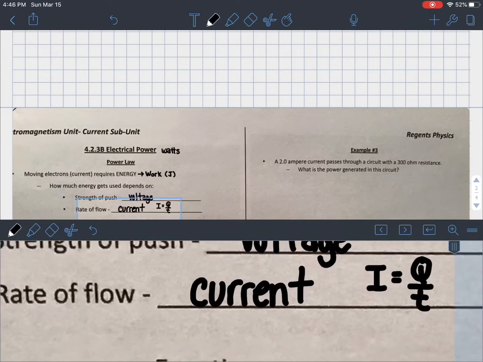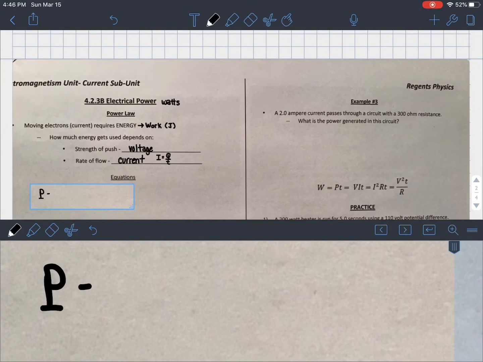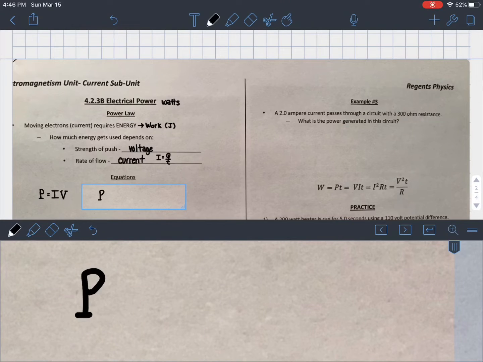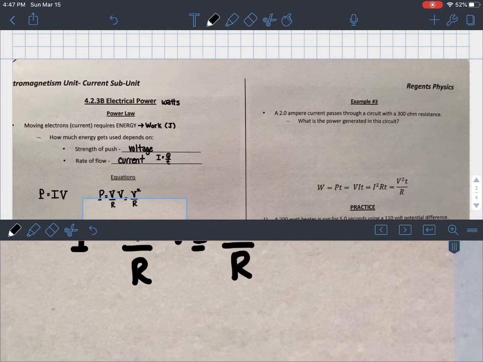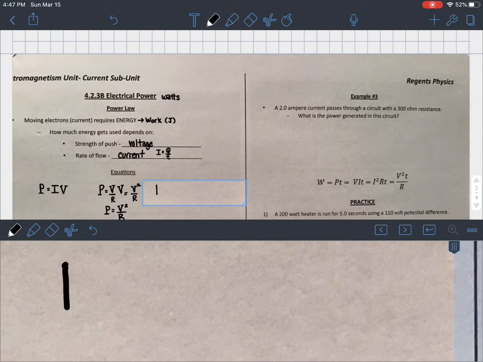The rate of flow here, I'm just reminding you that current is a rate, I equals charge per time. Here I'm going to replace each of my current or voltage variables so that if we have some other variables, we can still solve for power really easily. And I'm going to do that by Ohm's law. I just replaced current with V over R. So that's actually V squared over R. If I have voltage and resistance, I can use this equation instead.